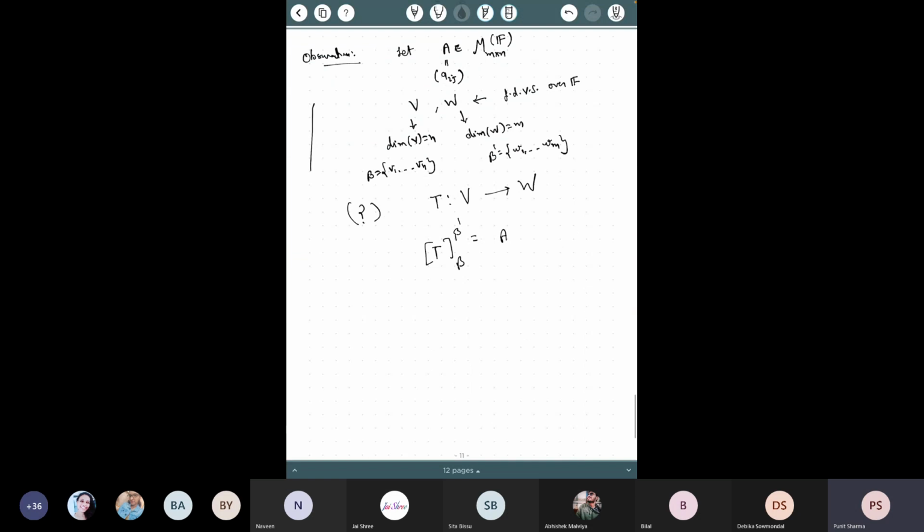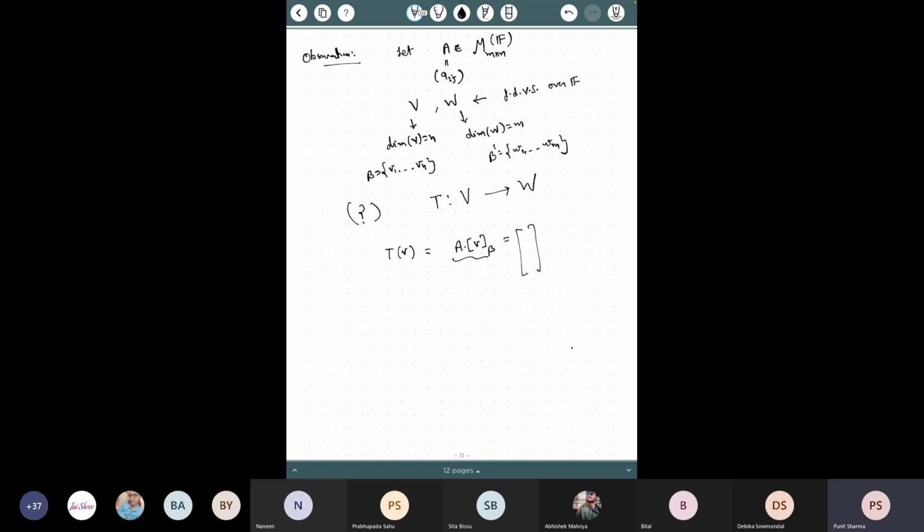T of v equal to A dot the matrix of the coordinates of v with respect to B. But this is not an element in W. Here it would be a column vector, right?